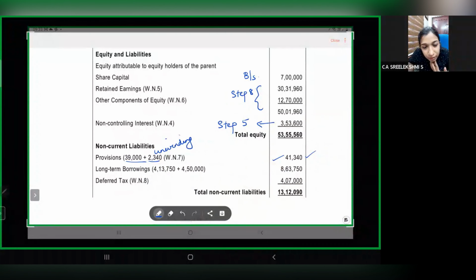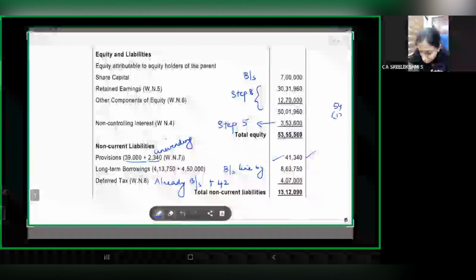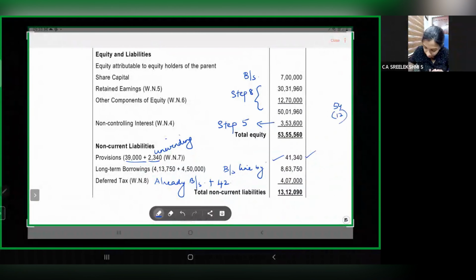Then long-term borrowing, just balance sheet, line by line addition. Deferred tax: already in the balance sheet the deferred tax is 42. 54 was the operating deferred tax liability and we reversed 12 lakhs, giving 42.